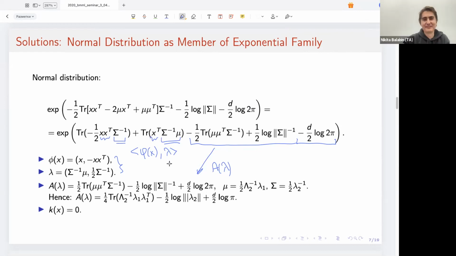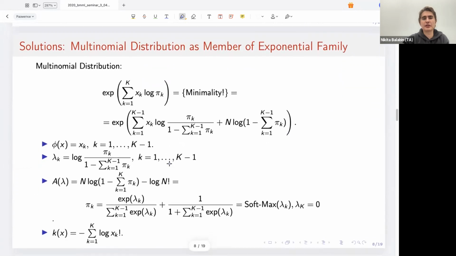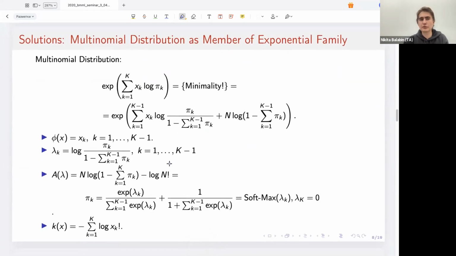A good question. Okay, for the multinomial distribution, here we use that it should be minimal, because here we know that this constraint, and we can't just use all of x's, because some of them can be written with respect to others.